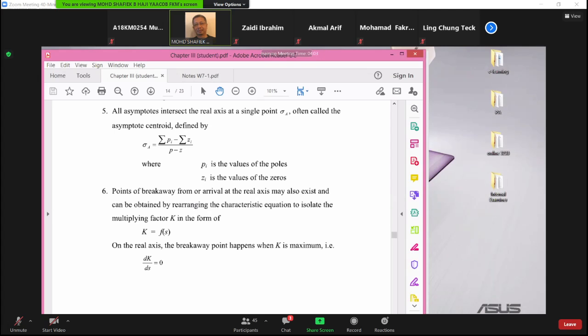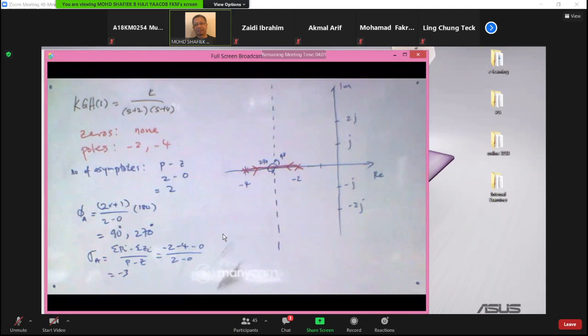Okay, now we are going to compute the breakaway point. I'm running out of space to compute the breakaway point, so I'm going to erase this computation of the asymptote.